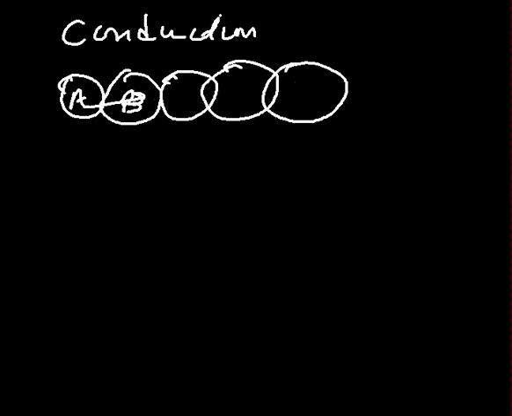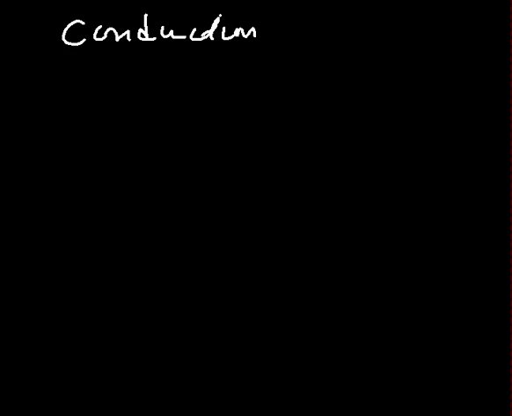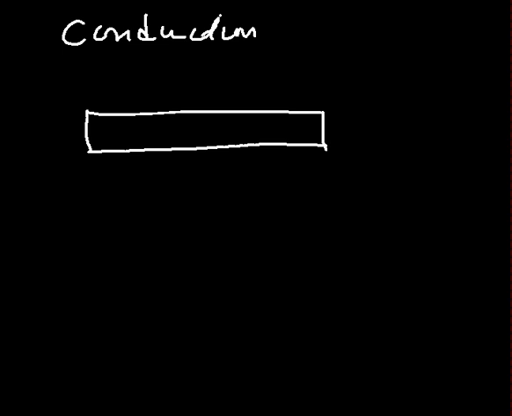Basically, if we consider a metal bar, a metal bar is composed of particles. Let's say these are the particles of the metal bar, and the particles are at thermal contact.